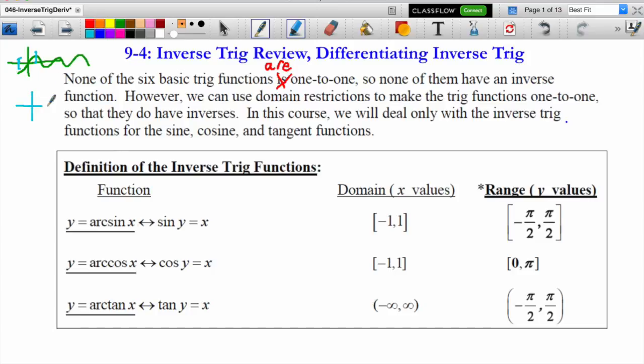Cosine, on the other hand, on that range looks non-monotonic. It goes like this. So for cosine, we're going to cut it off from here to here, and that's why it goes from 0 to pi. You don't have to memorize why they have those domains. You have to memorize those domains.